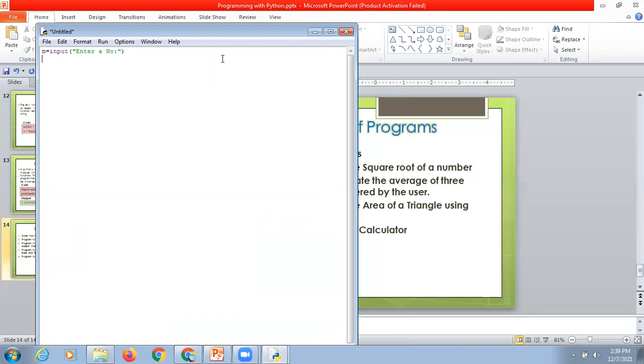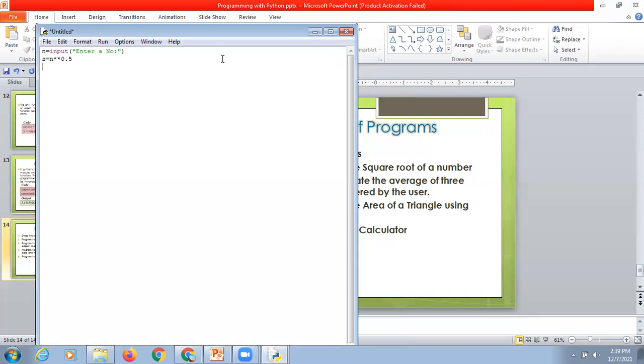So for calculating it, I am taking a new variable s. S equals to n, two times multiply sign. Two times multiply sign means you want to calculate the power. What is the power? Power is 0.5. If you calculate the power 0.5 of any number, then it will be equivalent to its square root.